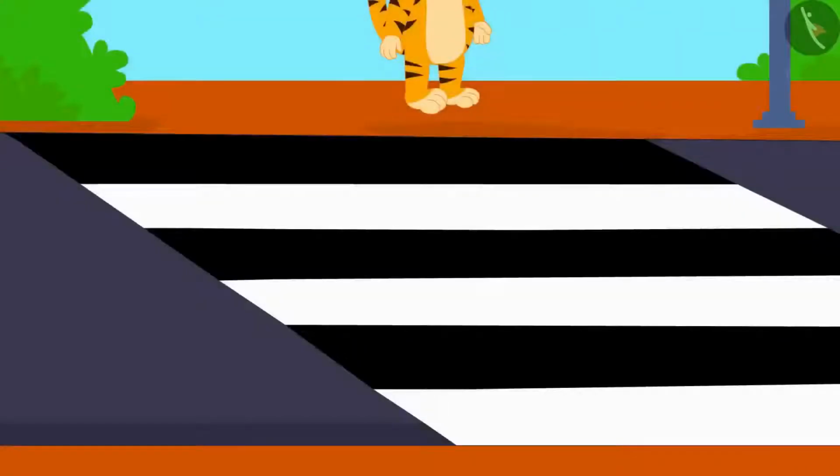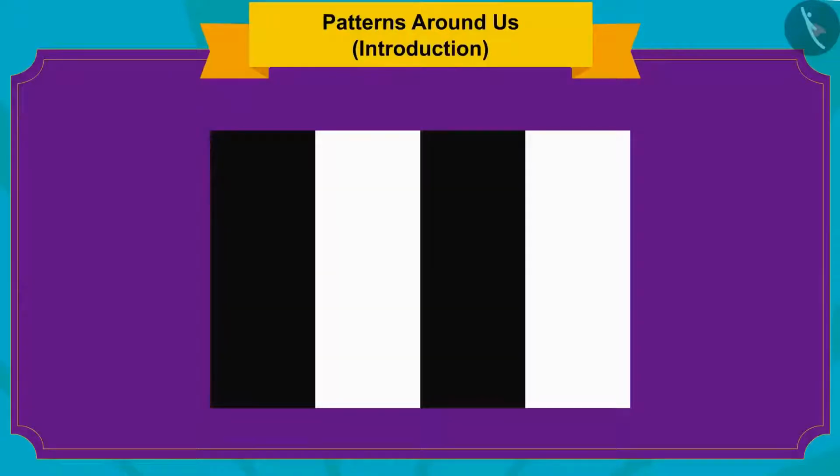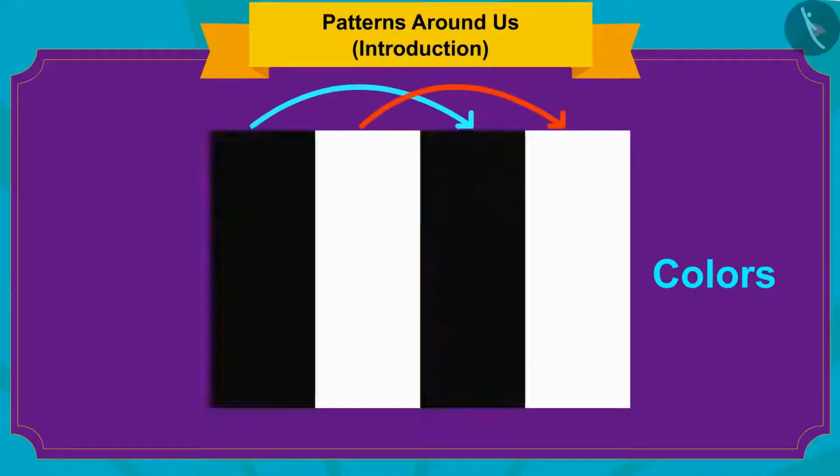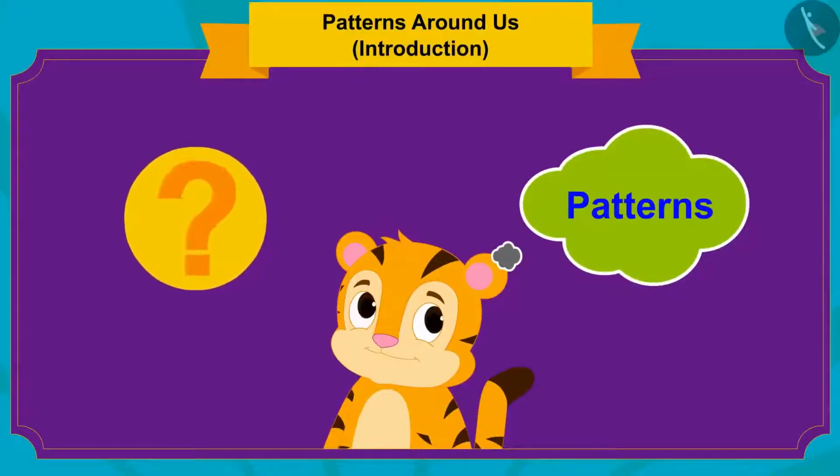For example, here there is one black band at the zebra crossing, and then the other one is a white band, and these are repeating to form the colors of the strips in this way. This is an example of a pattern in which colors are being repeated according to a rule. Let's see what other patterns Sher Khan saw.